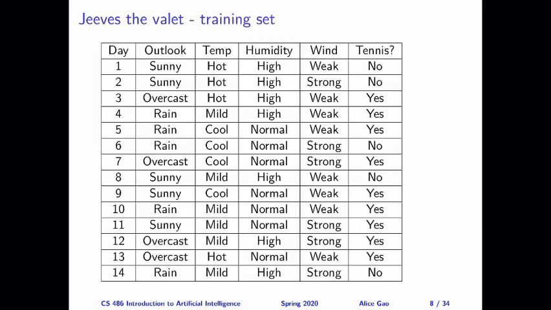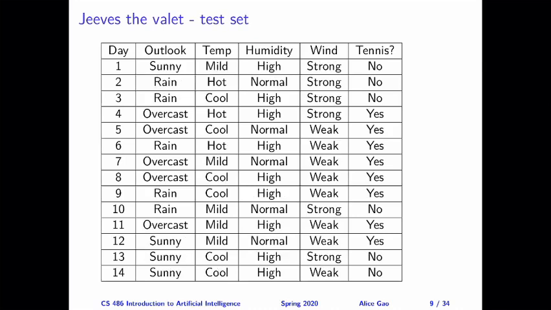We'll work with this training set containing 14 data points and this test set containing another 14 data points. These data sets are made to be tiny intentionally because we don't have a lot of time to go through realistic data sets, and we will be constructing these decision trees by hand rather than using a program.